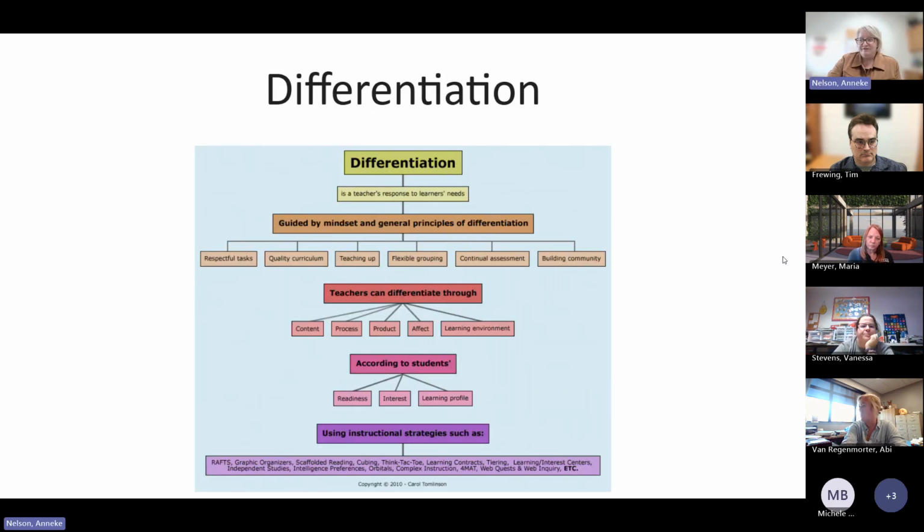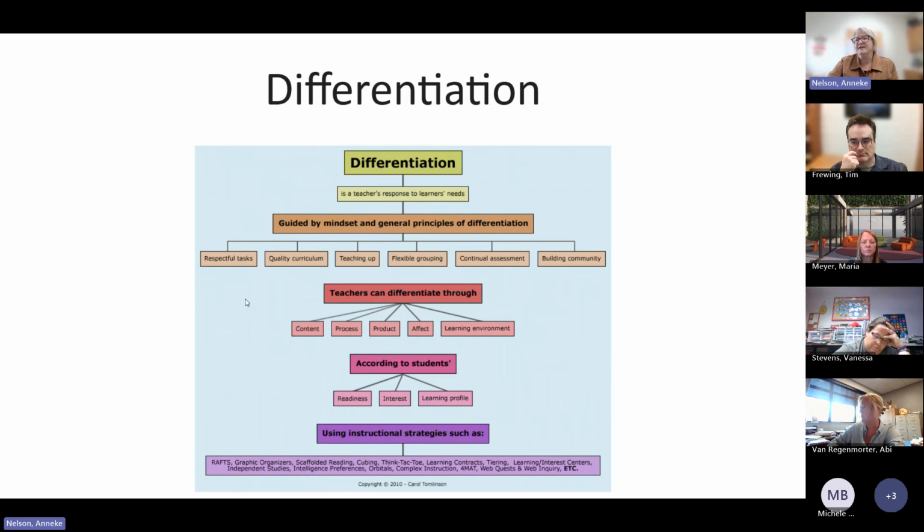Talking a little bit about differentiation, we want to make sure that we're not just providing accommodations, but we're really considering how we're meeting all the students' needs within our classroom. So I like this graphic, which lays out a framework for differentiation. It's really a response to learners' needs.